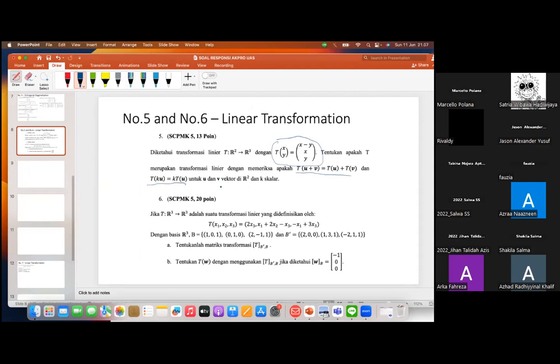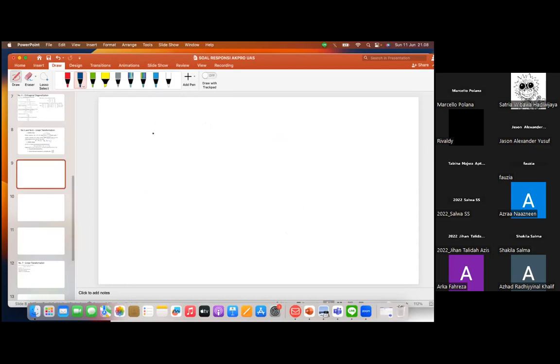So here we're going to say that U is U1, U2, and V is V1, V2. Let me write the transformation.